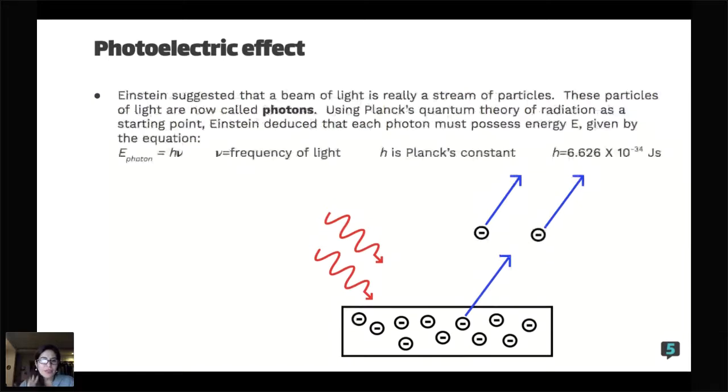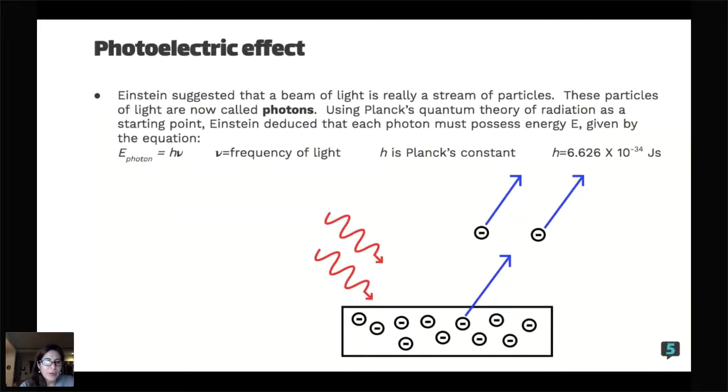So Einstein suggested that the beam of light is really a stream of particles. These particles of light, he called them, well, they're now known as photons. So using Planck's quantum theory of radiation, Einstein deduced that each photon must possess the energy given by the same equation as Planck's quantum theory, but now specifically for a photon.